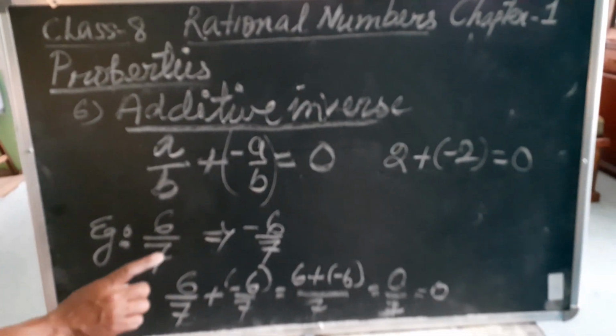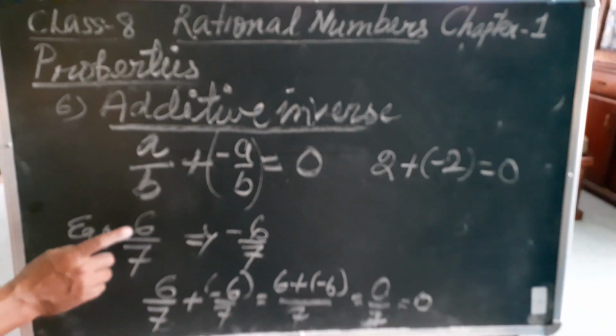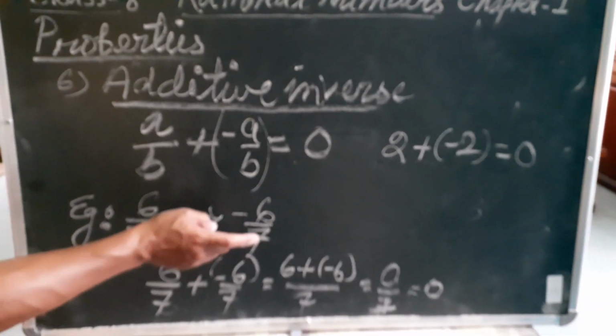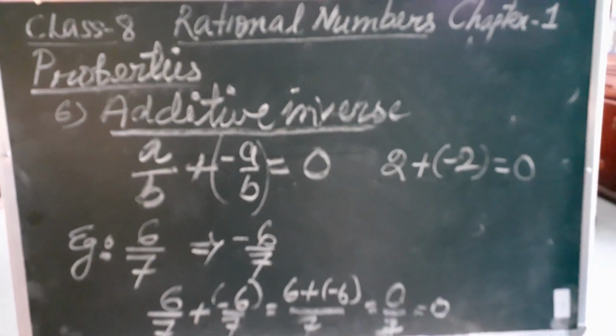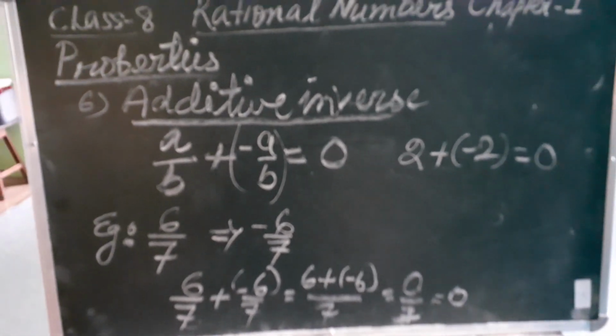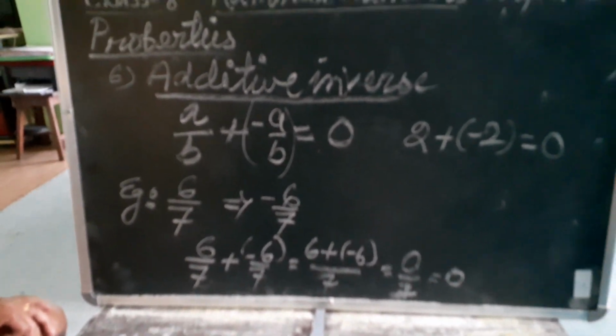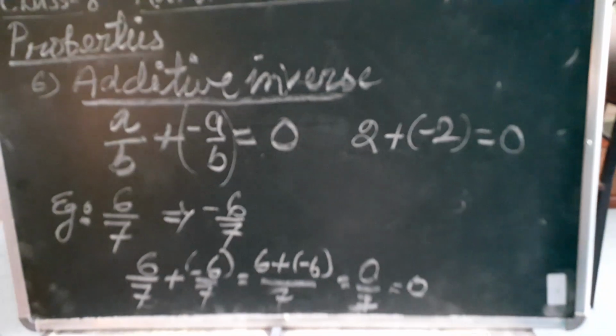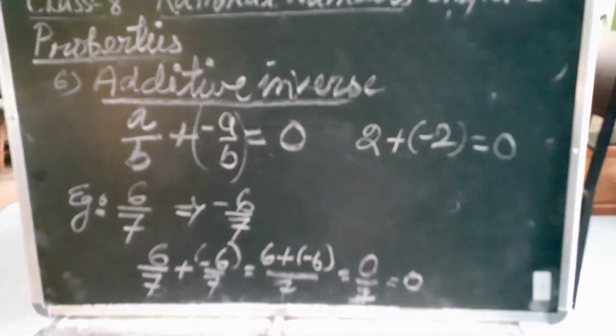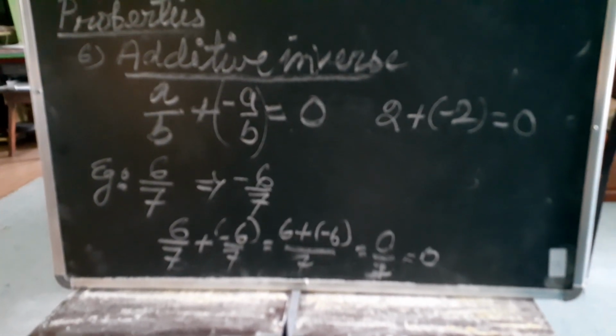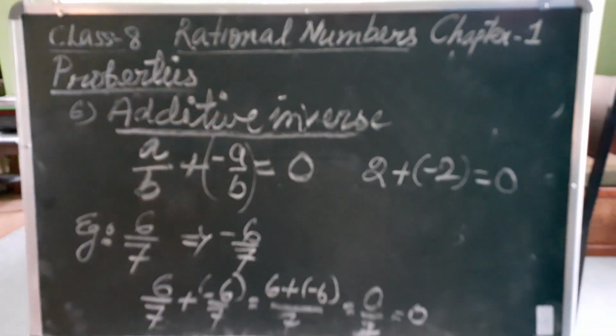So the additive inverse of plus 6 by 7 is minus 6 by 7. Additive inverse is the opposite or negative of rational numbers. The opposite of a rational number is called the additive inverse.